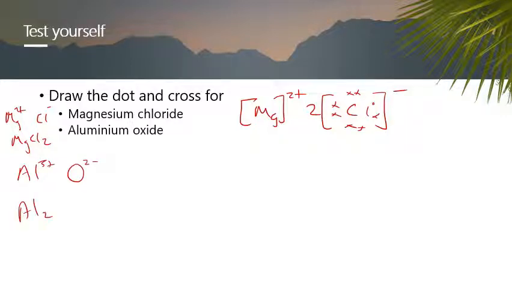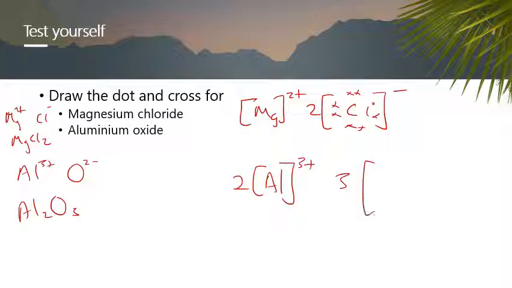So it's Al2O3. So I have 2 Al, 3 plus, 3 O, 6, and 2 other electrons, 2 minus. And that's how we draw the dot and cross for ionic compounds.